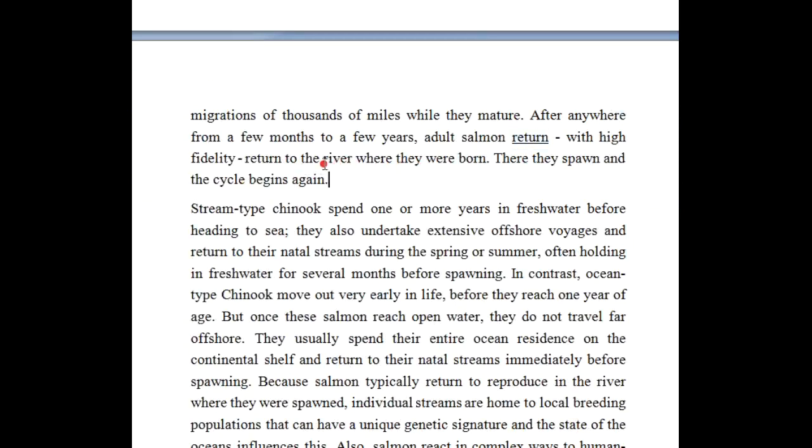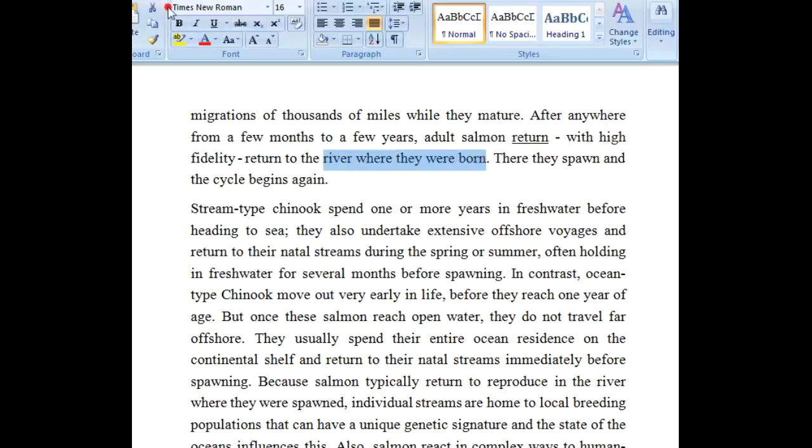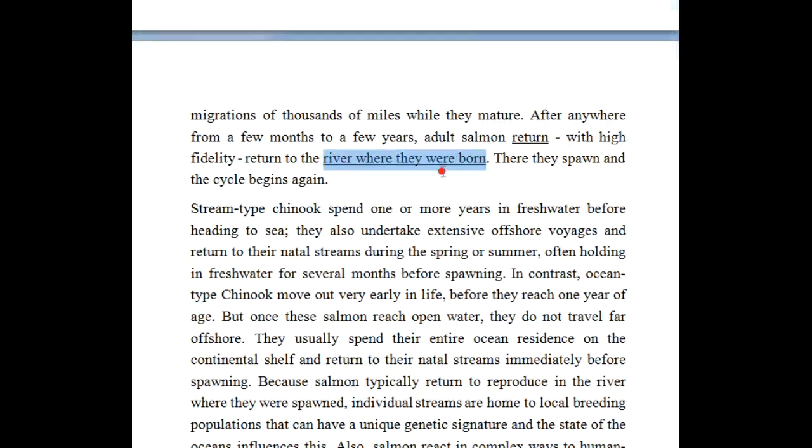Okay, fine. I think the return word has been used twice wrongly. Return to the river where they were born. So the answer is the river of birth.